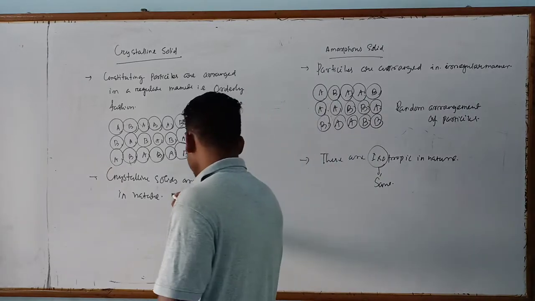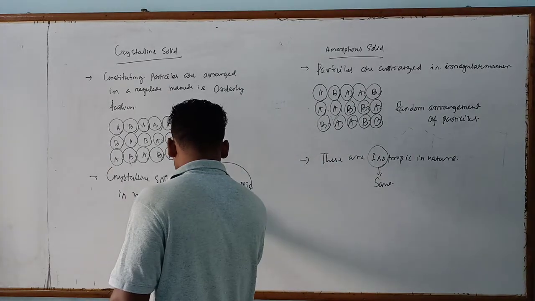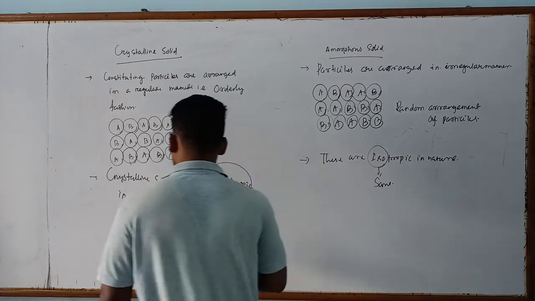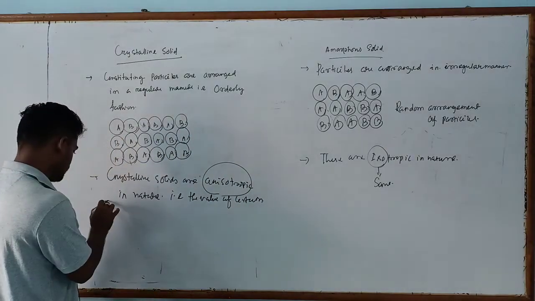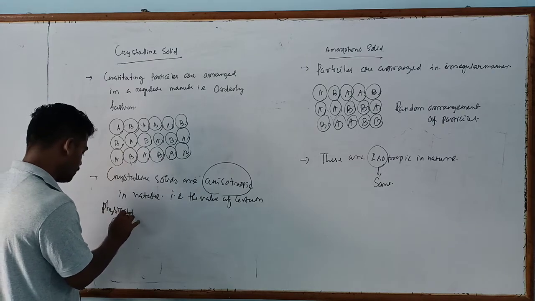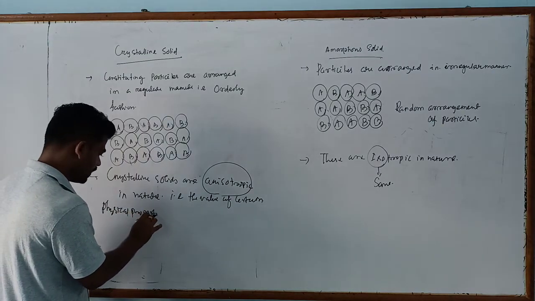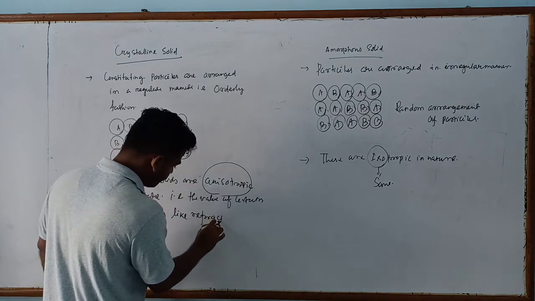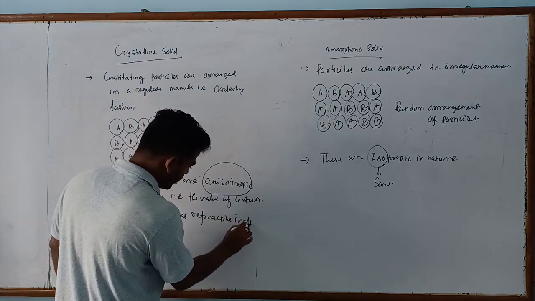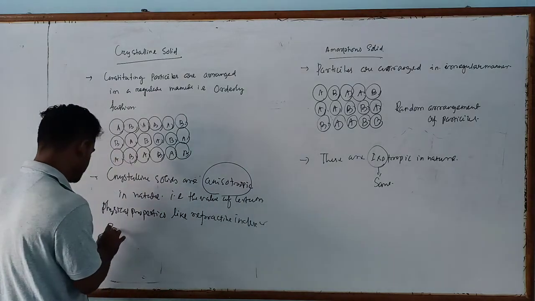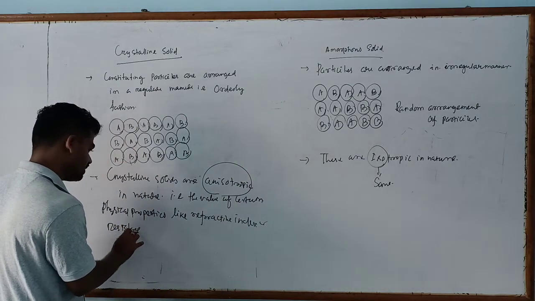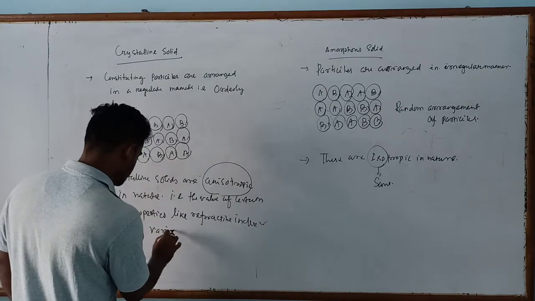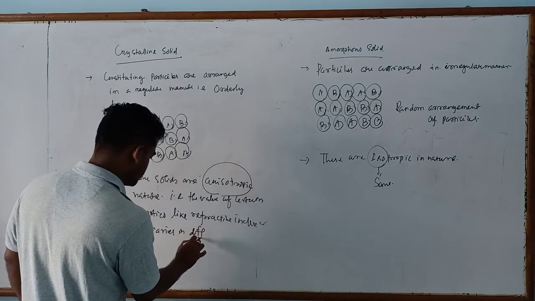That is, the value of certain physical properties like refractive index or resistance, etc., varies in different directions.